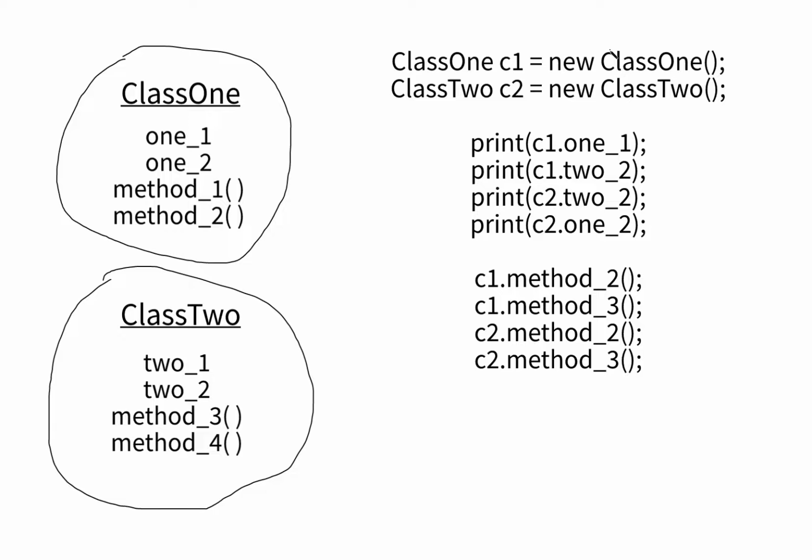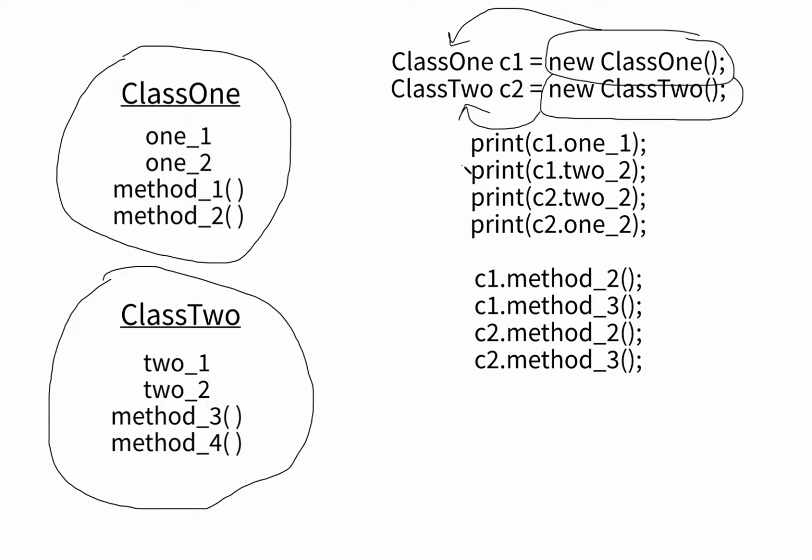So on the right side of the equal sign, we're creating a class 1 object, and we are storing it into a variable that can contain class 1 objects. So no problems here, right? And then on the second line, we're creating a class 2 object, and we're putting it into a variable that can store class 2 objects. So great, nothing confusing here, pretty straightforward.